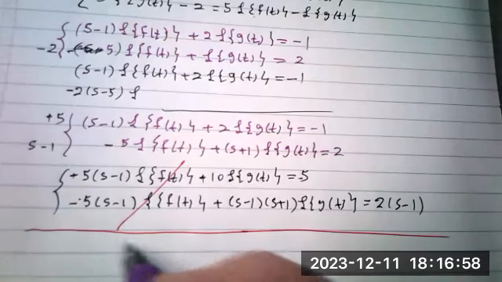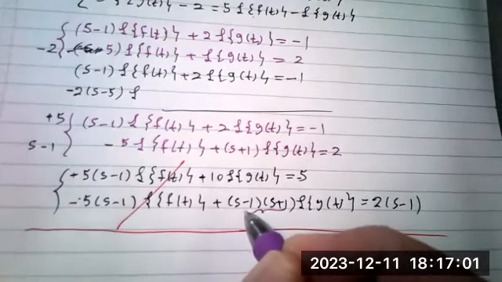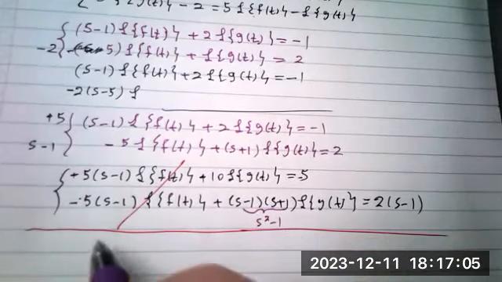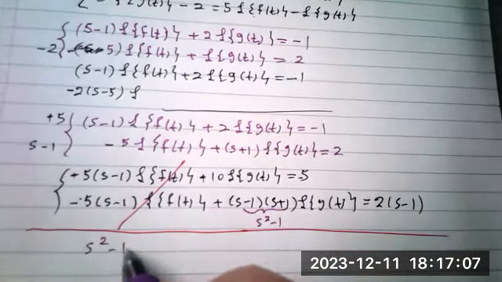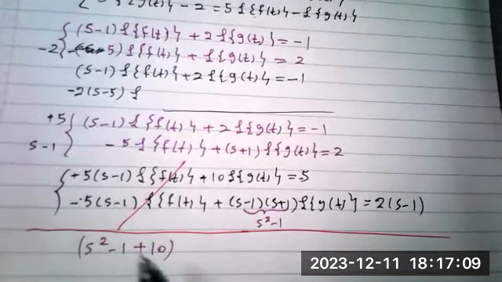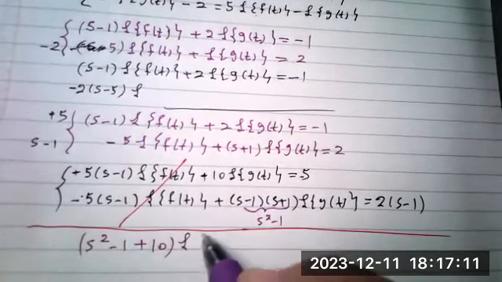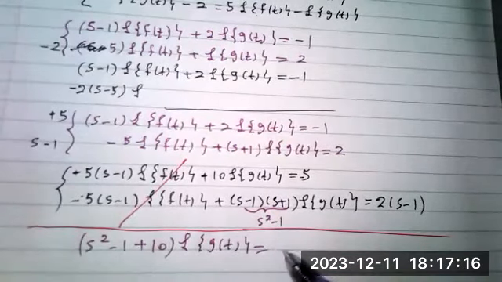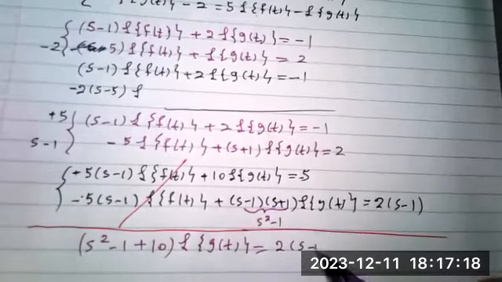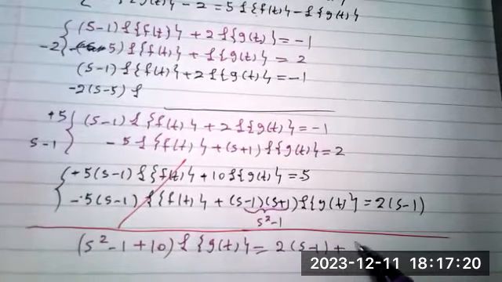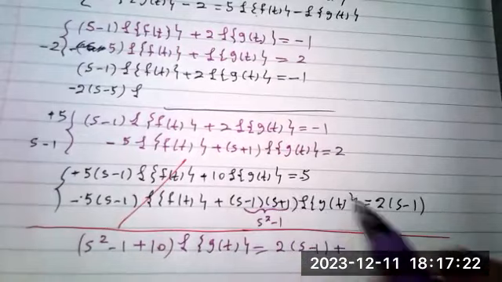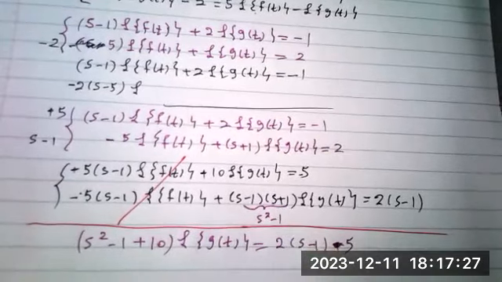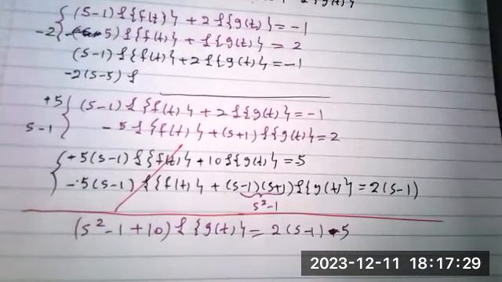So this would be s squared minus 1. So we are going to have s squared minus 1 plus 10 times Laplace of g of t. And this is going to be equal to 2 times s minus 1 plus, 2 times s minus 1 minus 5. Okay, I add them together. We combine the like terms if you like.